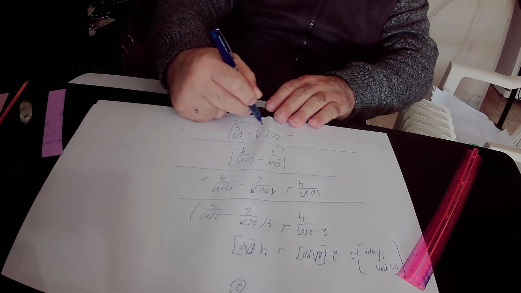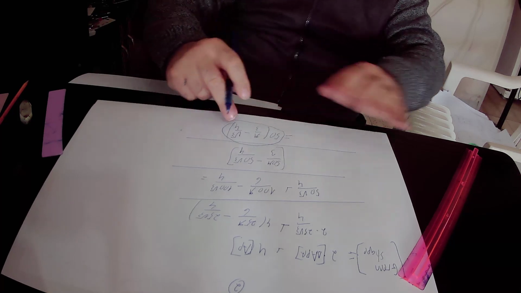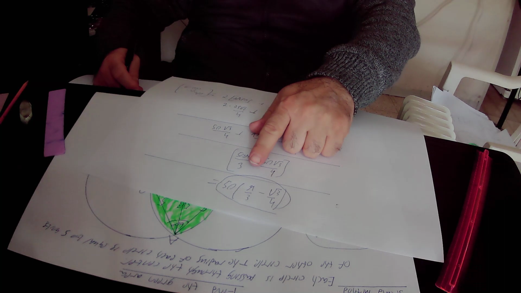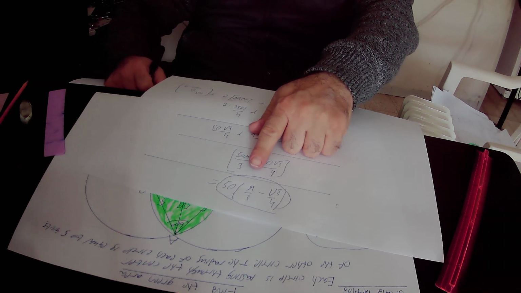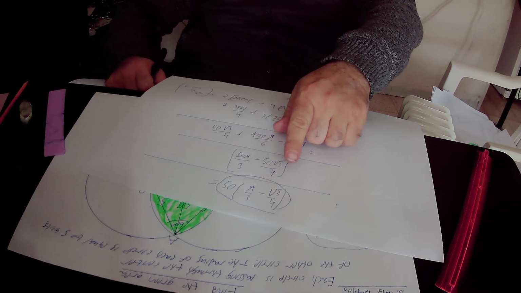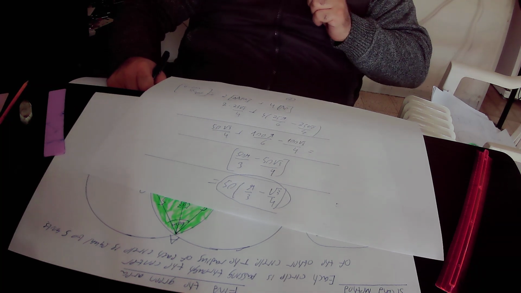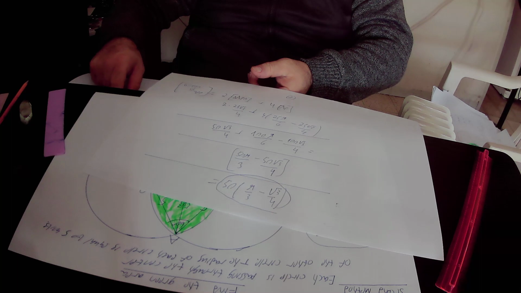So in conclusion, the area of the green shape, according to the second method, is equal to 50 times pi over 3 minus square root of 3 over 4, exactly as we found in the first method.